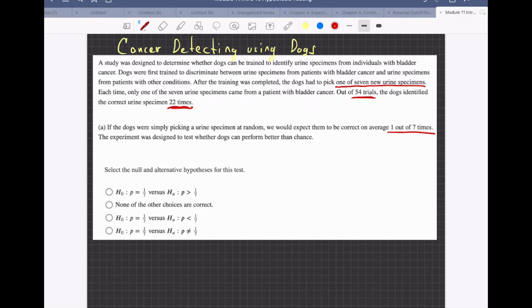We have first, what is P? P is the true proportion of times dogs can detect bladder cancer.